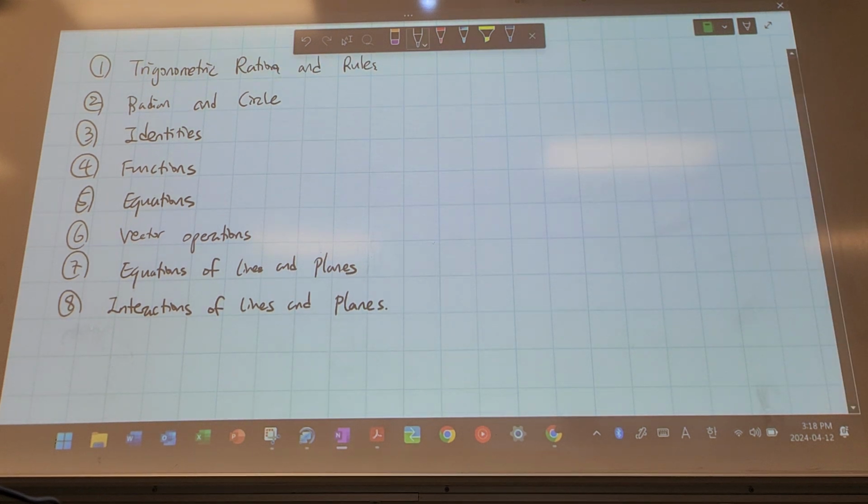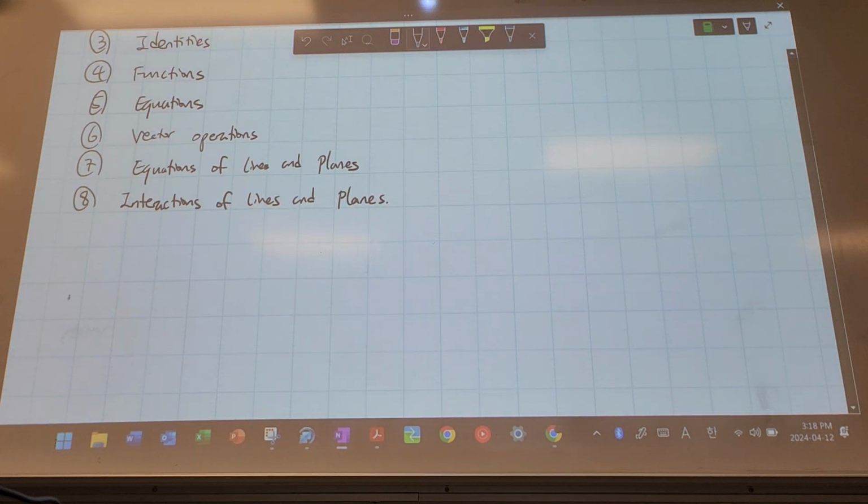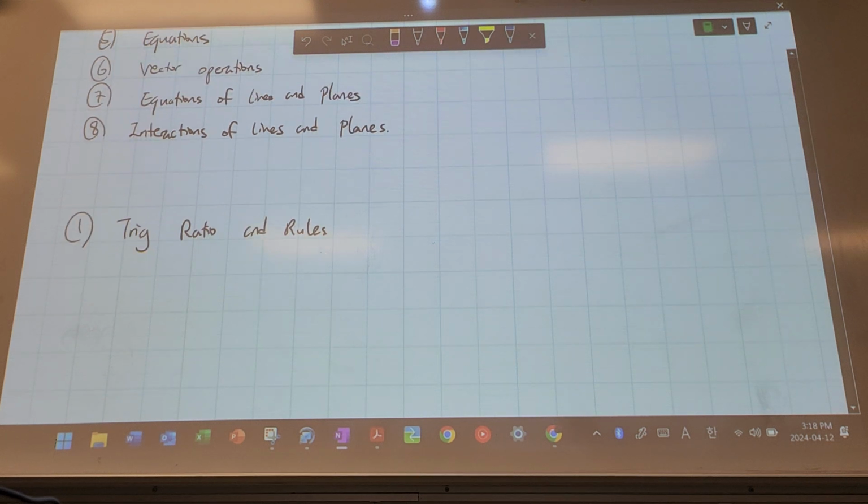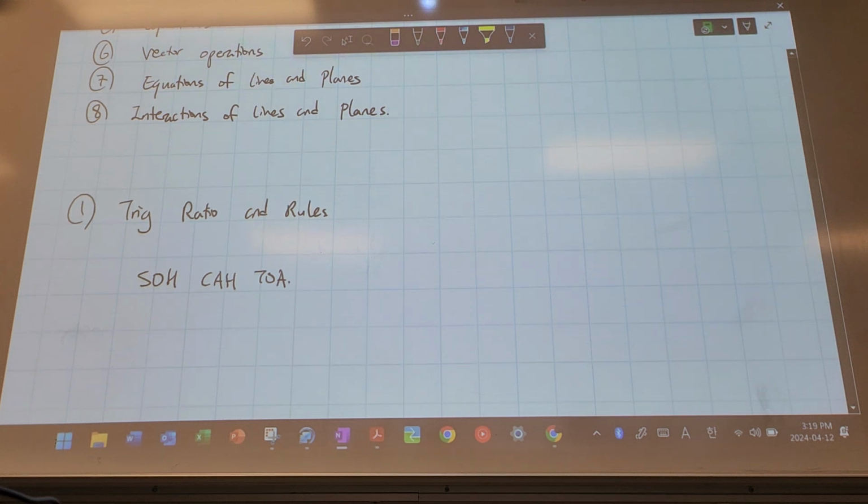So, the trigonometric ratios and rules. First of all, obviously we have SOHCAHTOA, and then we also have to talk about the reciprocal ratios, right?